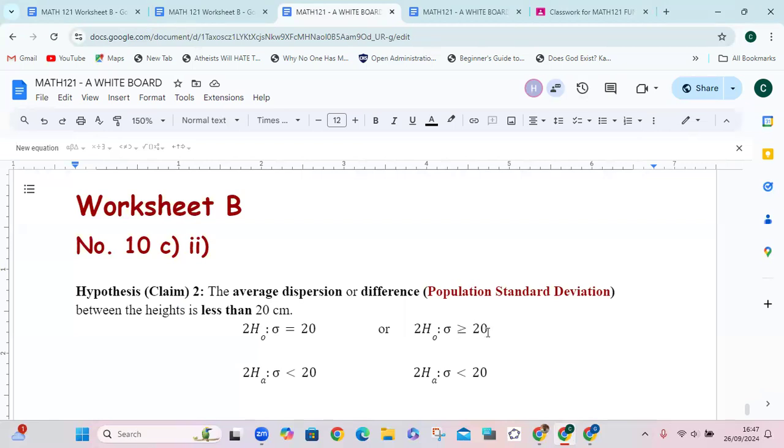So we need to find out what our standard deviation was, because the null is saying that it is greater than or equal to 20. So let's see what we got.